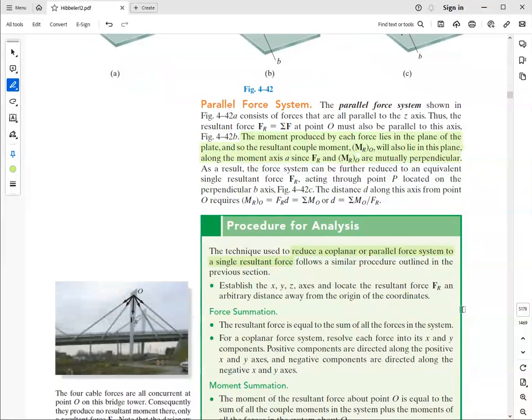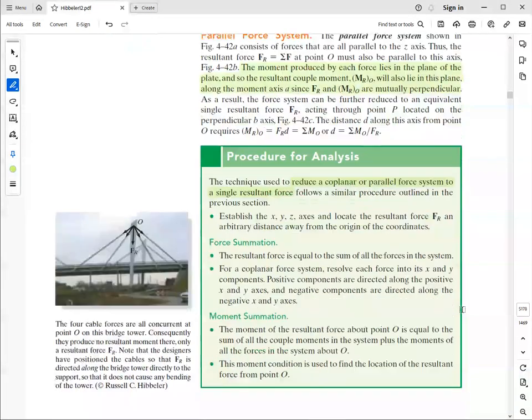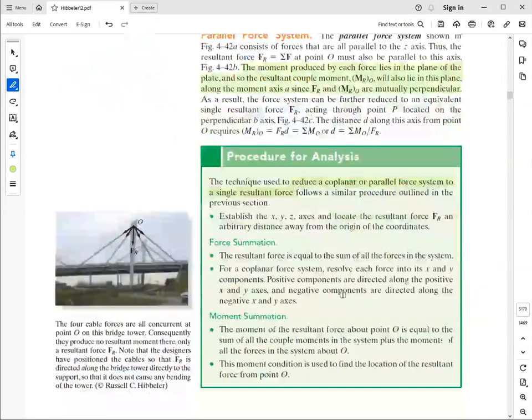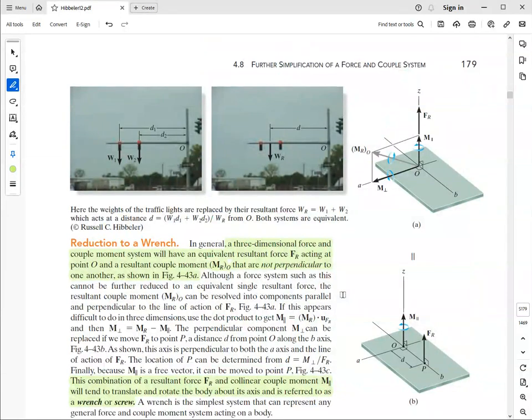Okay. So, a summary of what we learned. Again, it's a matter of simplifying a system of several forces, with application you'll see at distributed loads. Reduction to a wrench.